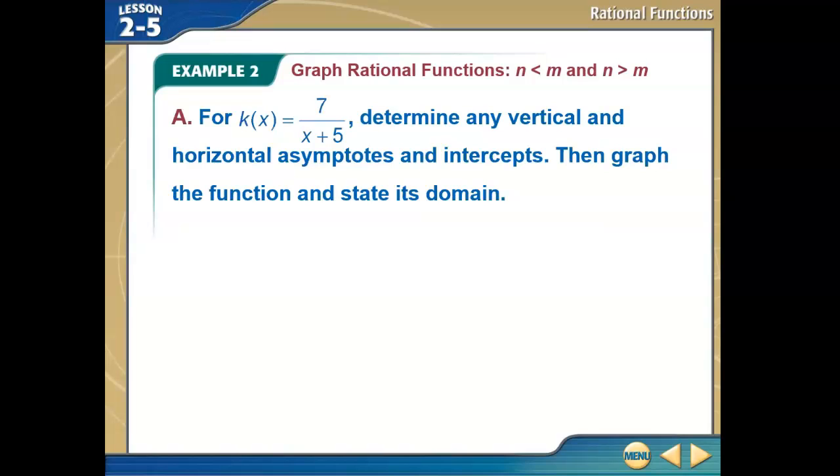All right. So for k of x, which is equal to 7 divided by x plus 5, determine any vertical and horizontal asymptotes and intercepts, then graph the function and state its domain. Okay, so first looking at vertical asymptotes, what's the one number that can make our denominator 0?